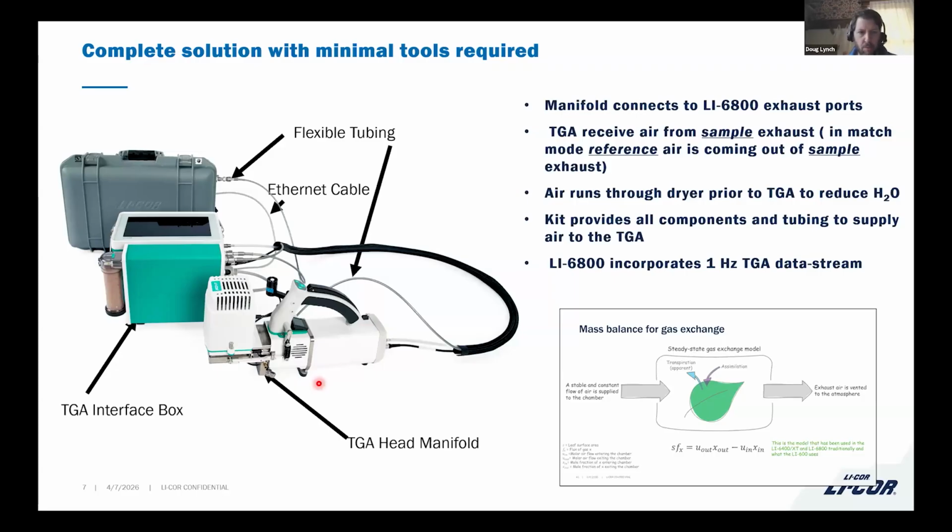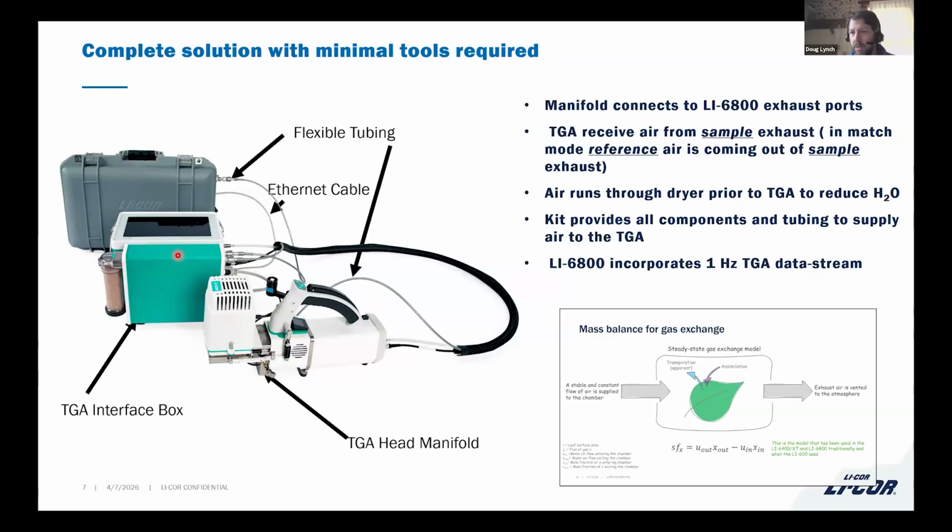So there is a new manifold that bolts onto the front of the LI-6800 sensor head, allowing access to sample the exhaust airstream. This kit includes all of the tubing required to get that airstream from the 6800 to the TGA. And it does so via this box here, which I will go into detail on the next slide.